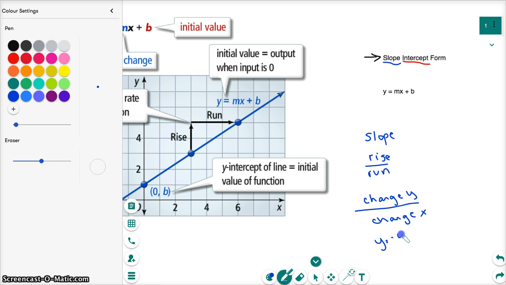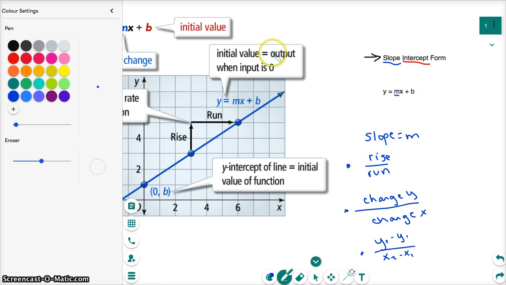So it's y2 minus y1 over x2 minus x1. So there are three ways to find slope. These are all different ways to find slope, and the slope is represented by the letter m in our equation.